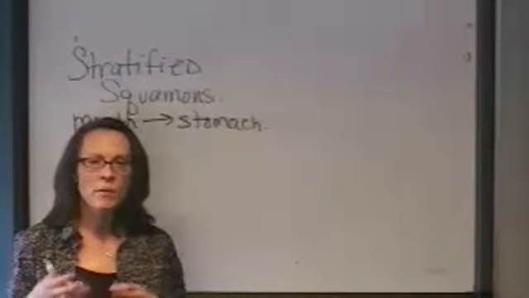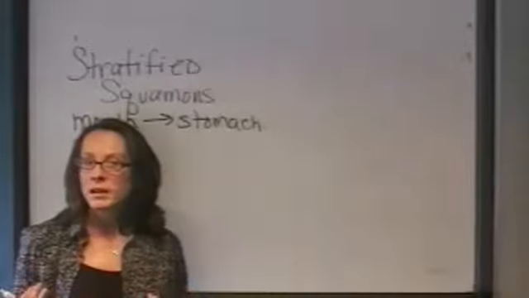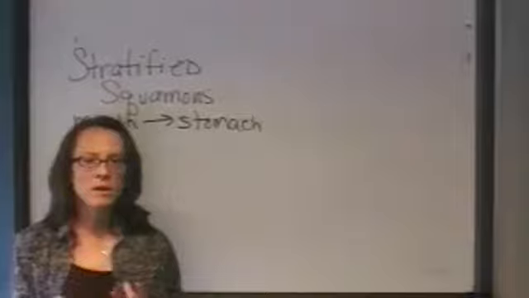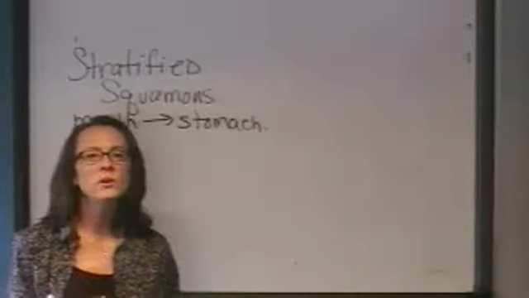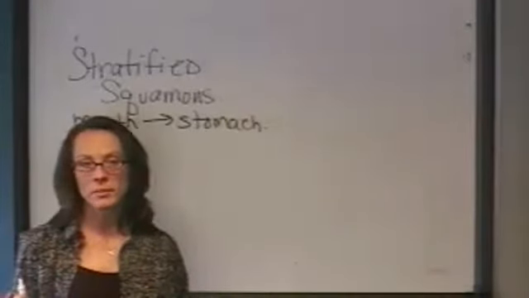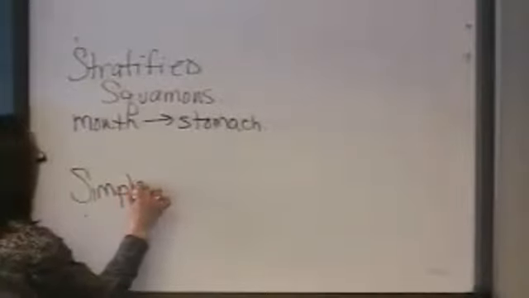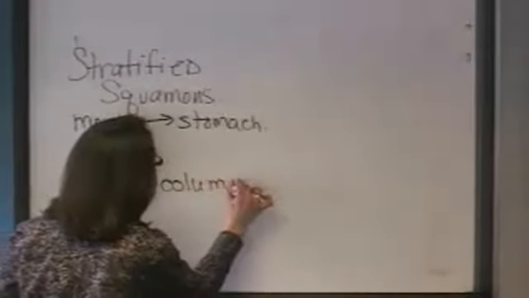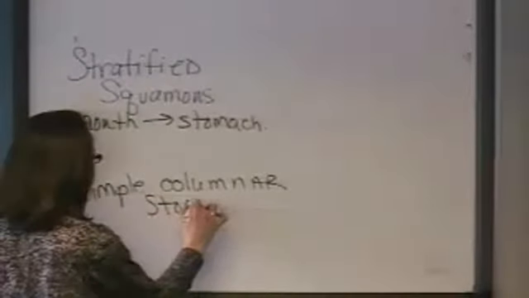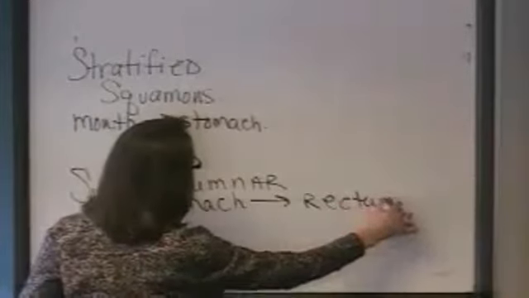So stratified squamous from the mouth to the stomach, and from the stomach all the way down to the anus, so stomach, small intestine, large intestine, sigmoid colon, rectum, is all going to be a simple columnar.